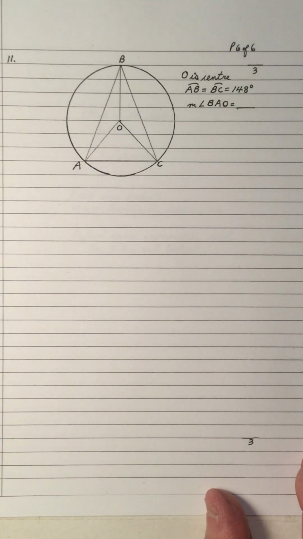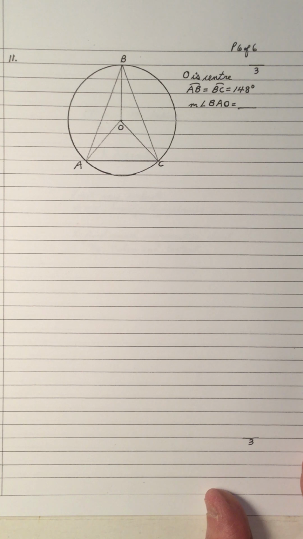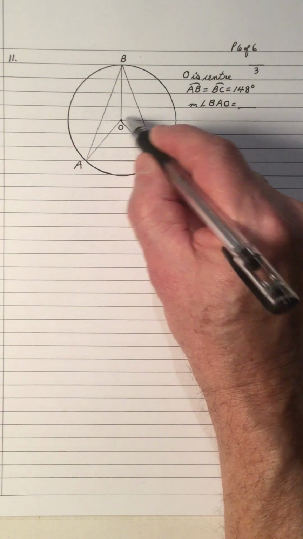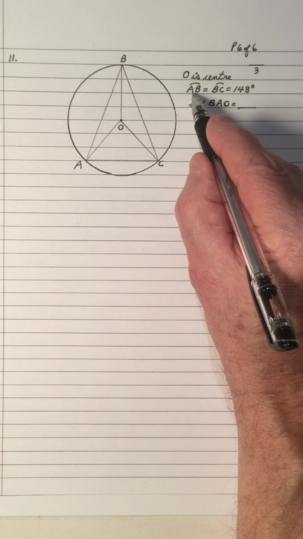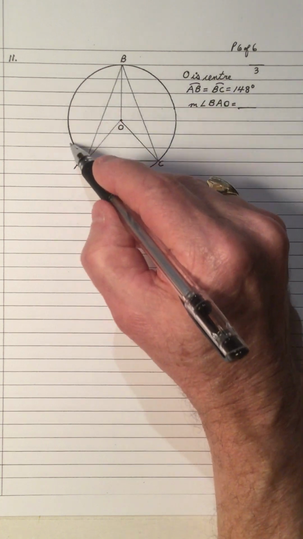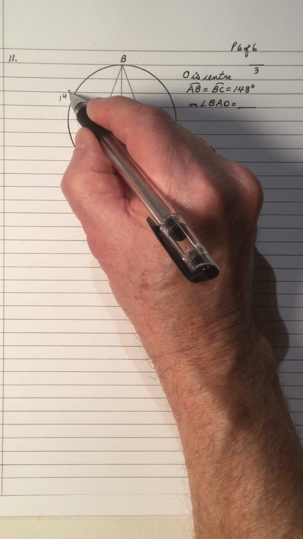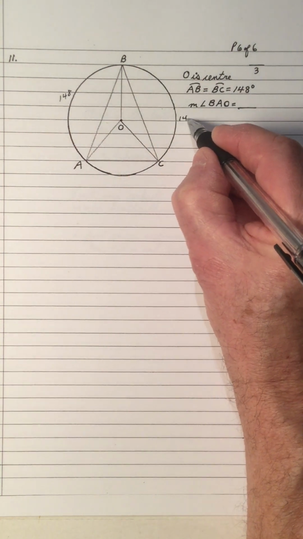And we've got one more question to do to finish off this review of the first, I think it's 13 videos. We have a diagram, and this is always the center. It says that the arc AB and the arc BC, so this arc is 148. This arc is 148.